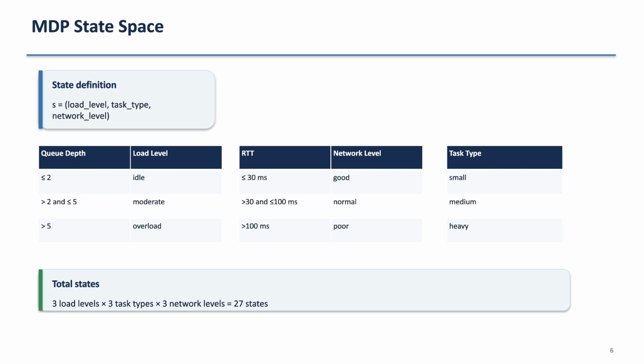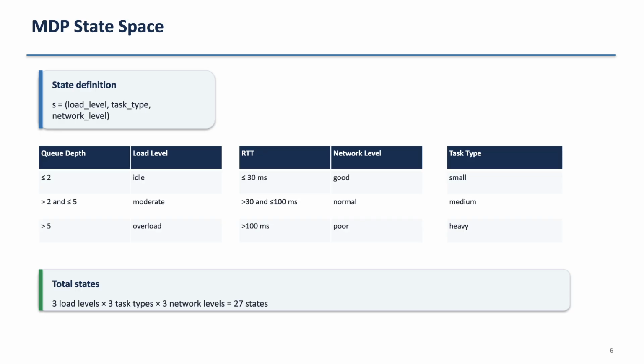For the MDP state space, it contains the node load level, task type, and network level. For the load level, when the queue depth is less than or equal to 2, the load level is idle. And when the queue depth is between 2 and 5, the load level is moderate. When it's more than 5, the load level is represented as overload.